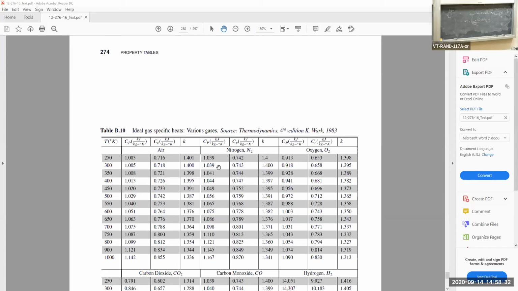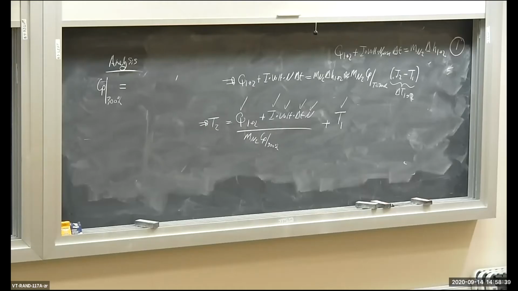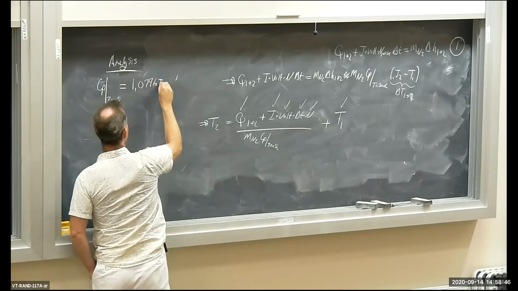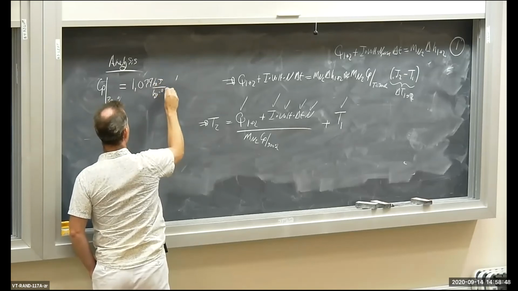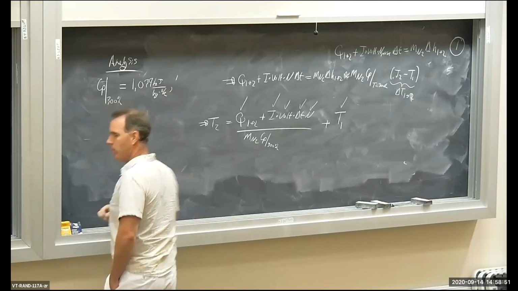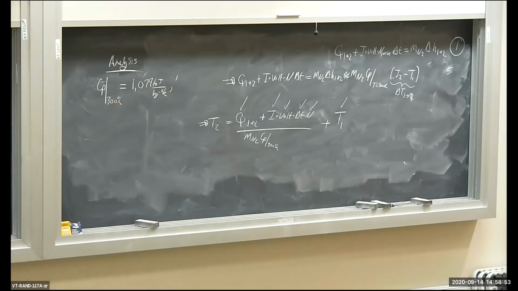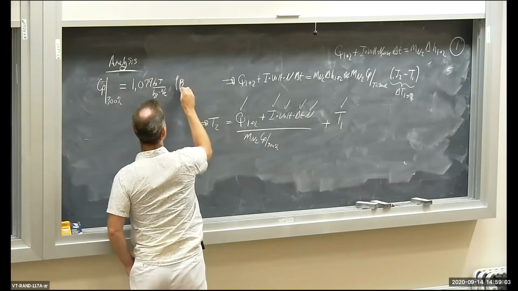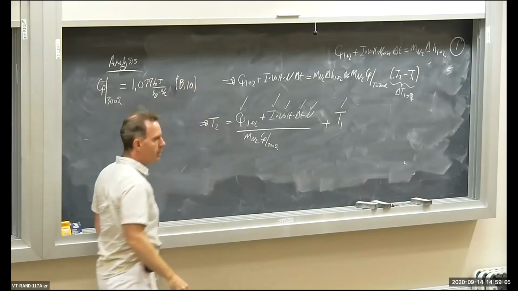At 300 degrees, nitrogen is 1.039 kilojoule per kilogram degree Kelvin. Okay, so that's from Table B10.